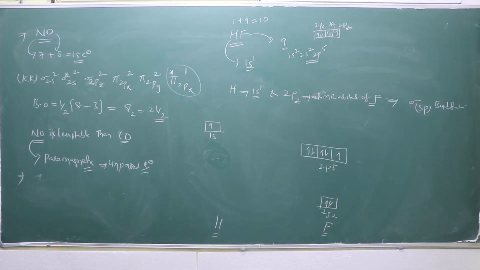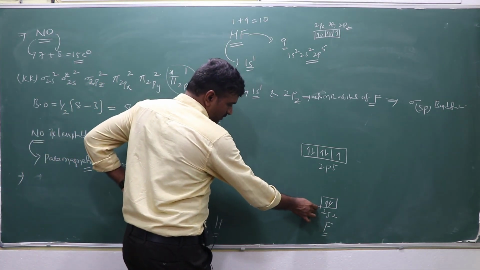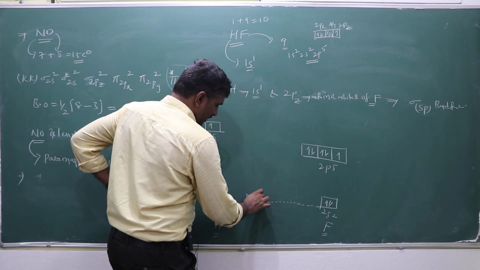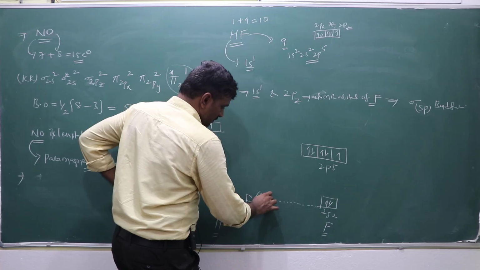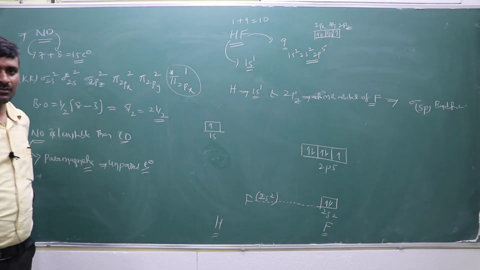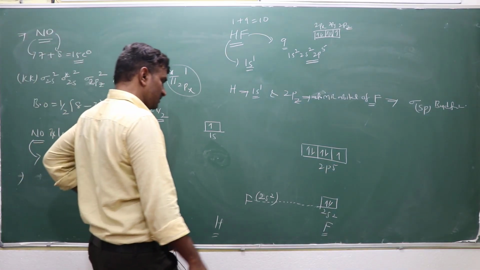Now in this case, the 2s2 is not involved in the bonding. So in the energy level diagram, we can write F of 2s2, or 2s, as mentioned.